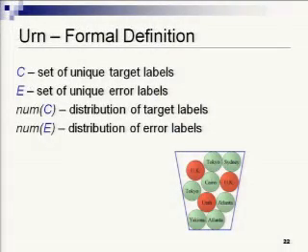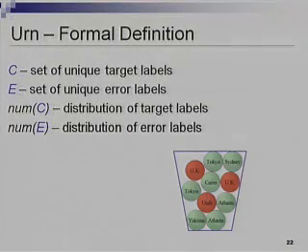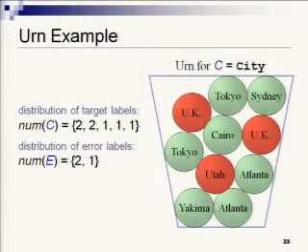So to be slightly more formal, the urn is defined by these parameters. We have our target set and our error set. And of course, we don't get to observe these. But then we have these distributions of the number of repetitions of different elements of the different sets. So going back to our example, here's what this looks like.